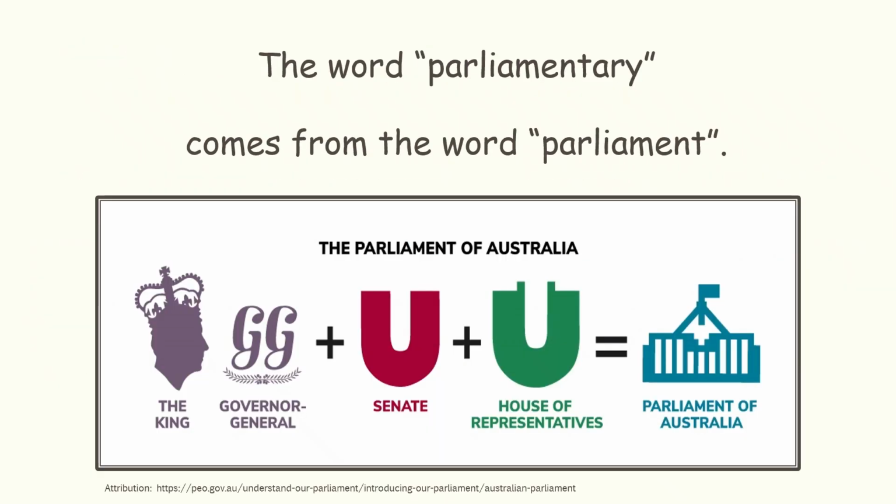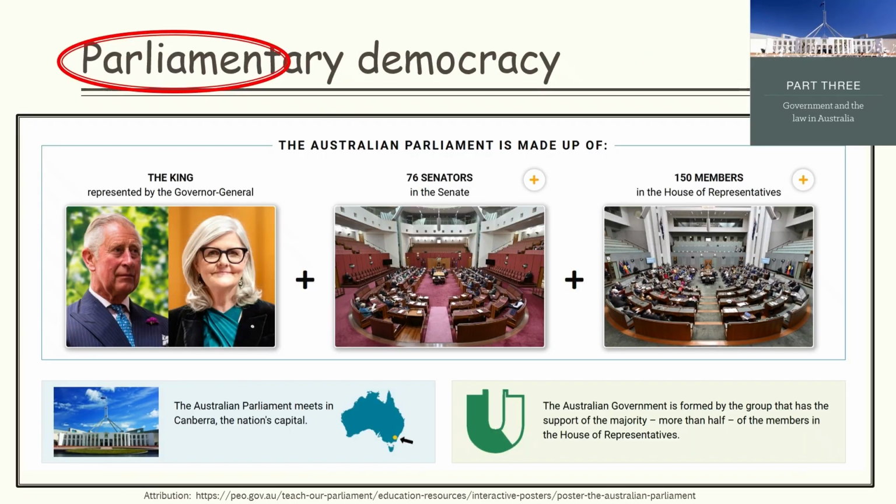In Australia, the Parliament is made up of the King of England, who is represented by the Governor-General, the Senate, and the House of Representatives. We'll learn more about the Australian Parliament and government in Part 3, Government and the Law in Australia.